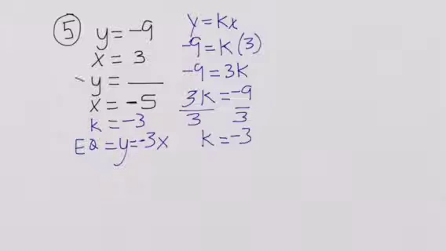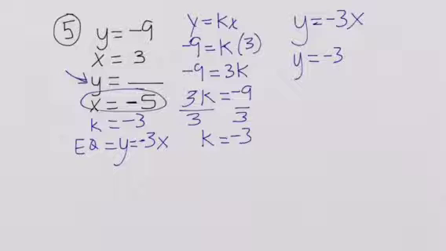Now we need to go and find our missing y. So we're going to start with our equation. Y is equal to negative 3x. In this case, we know what x is. Y is equal to negative 3 times negative 5, because that's the coordinate that they've given us, and we're trying to find y.